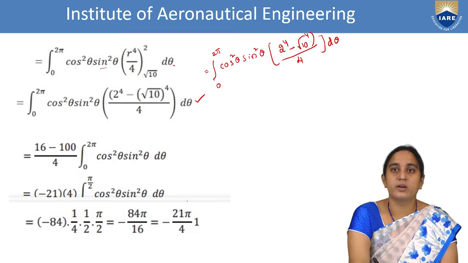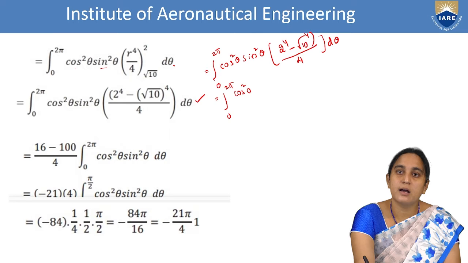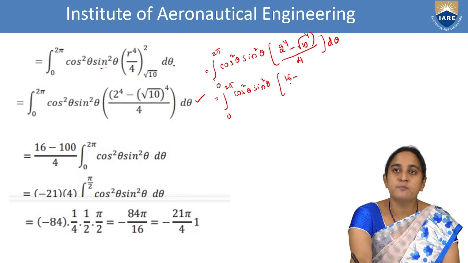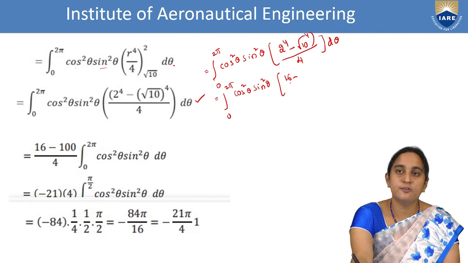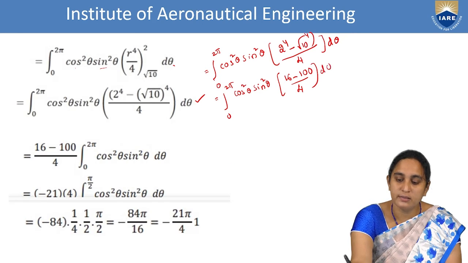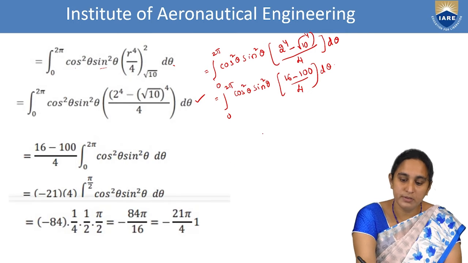From that, integral 0 to 2 pi cos square theta sin square theta, 2 power 4 means how much? 16, minus root 10 power 4, the square and root cancel, remaining 10 square, that is 100, by 4. 16 minus 100 by 4 into d theta.